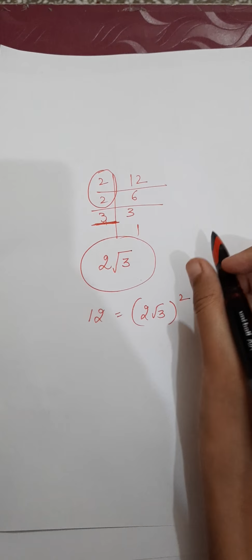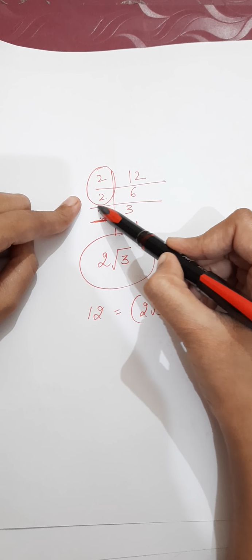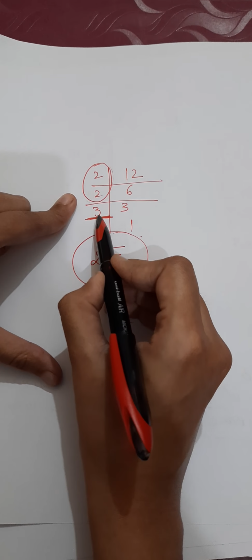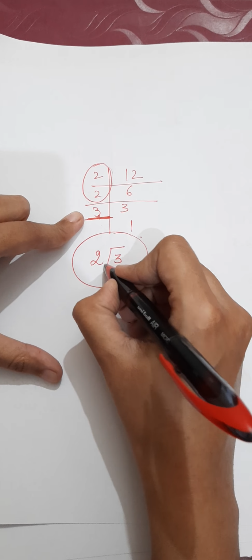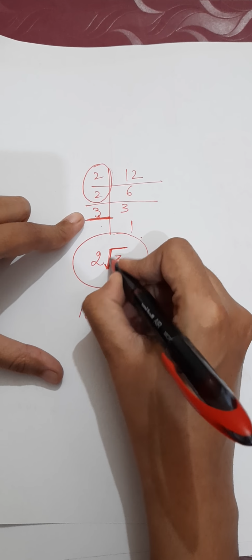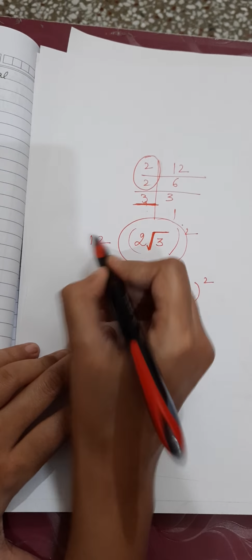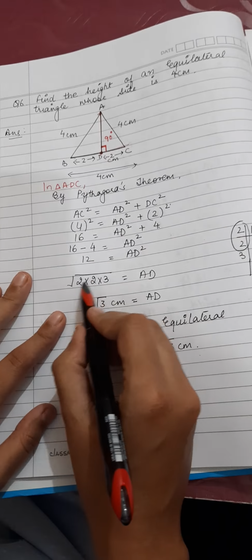Again, see what I did. I factorized it, and then I saw that this 2 is forming a pair. So this 2 I have written as it is. But this 3 is only 1 and it is not forming a pair. When it is not forming a pair, that means it is going to come under the root. Right? So now this complete thing is the square of 12.